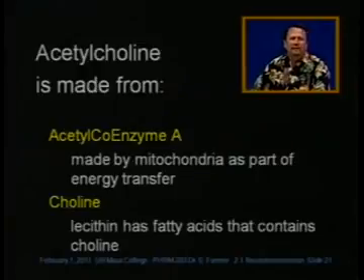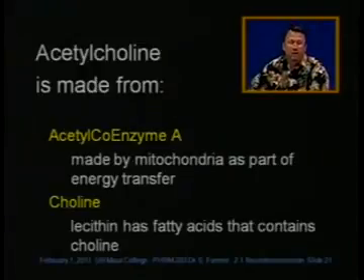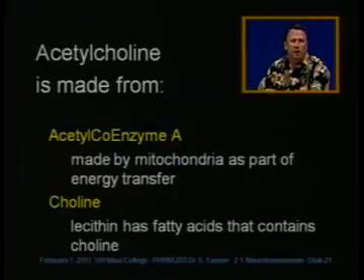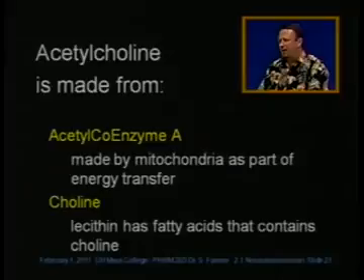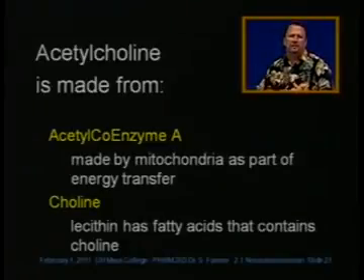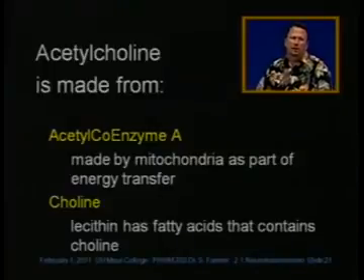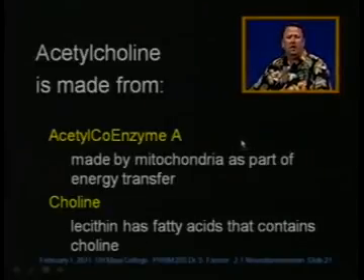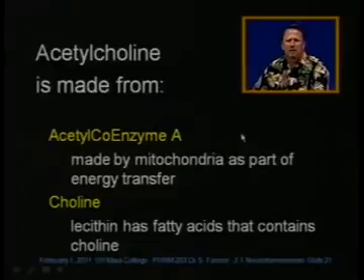Well, first of all, acetylcholine is made from acetyl coenzyme A. Acetyl coenzyme A is part of the mitochondrial energy transfer system. So when you go look at Krebs cycle and electron transport, you'll know all about acetyl coenzyme A. And there's a lot of multitasking in biologic systems.